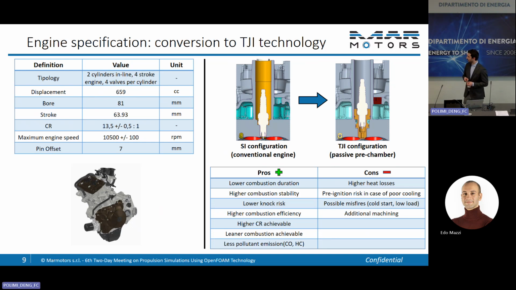And then you can have possible pre-ignition of the system if you don't achieve a good cooling outside the prechamber. And you can have a possible misfire, especially in cold start, and to mount an adapter that would be your prechamber, you have to do an additional machining of your head in this case.